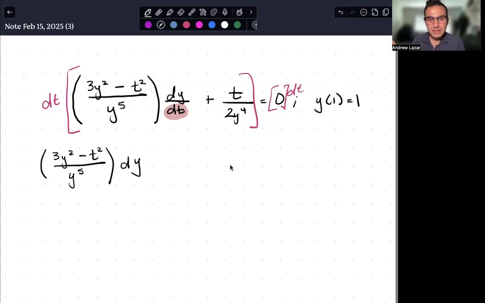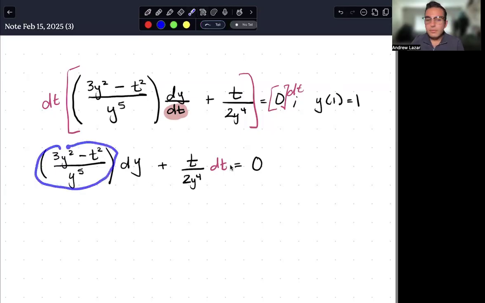So multiplied by dy plus t over 2y to the fourth power times dt equal to 0. Okay. So now this is in the format for an exact differential equation because you have a multivariable function times your dy differential plus another multivariable function times your dt differential.